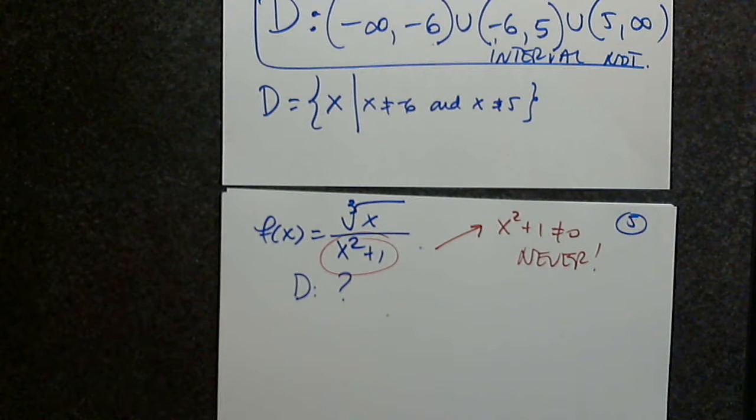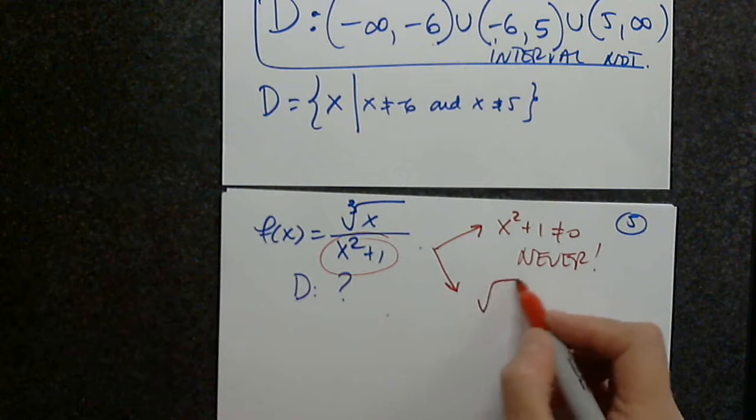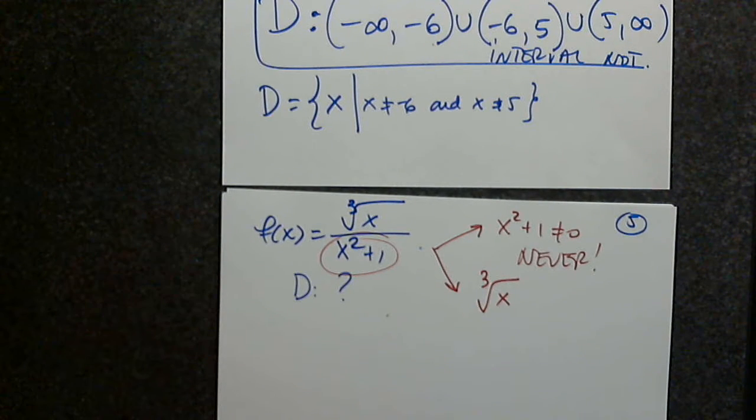Now, what about the numerator? The numerator is the cube root of x. Is there any problem with the cube root? Can I take the cube root of 8? Yeah. Can I take the cube root of 0? Can I take the cube root of -8?